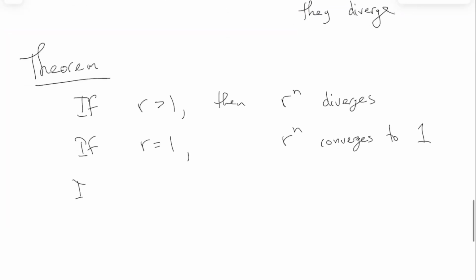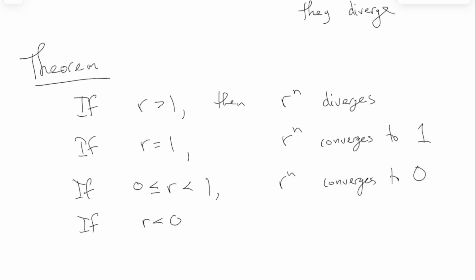This is just a summary of what we said before. If r is between 0 and 1, possibly equaling 0 but not 1, then r to the n converges to 0. And if r is less than 0, then r to the n diverges. And that is the whole story, all right?